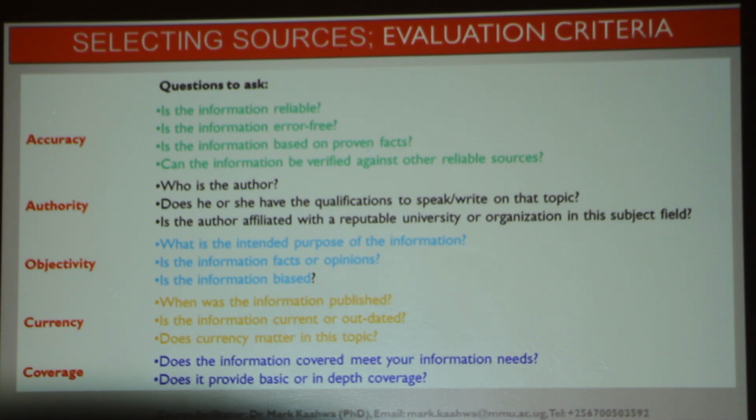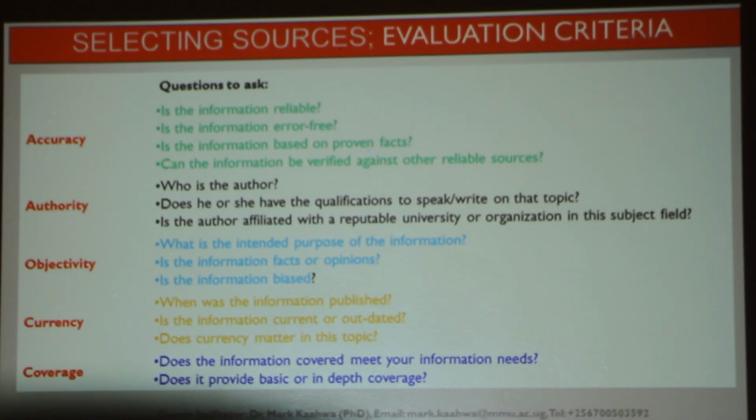If it is in the area of agriculture, health, business, forestry, and so on, is this author an authority? Does the author have the qualifications to speak or write on that topic? And that one is very, very important.